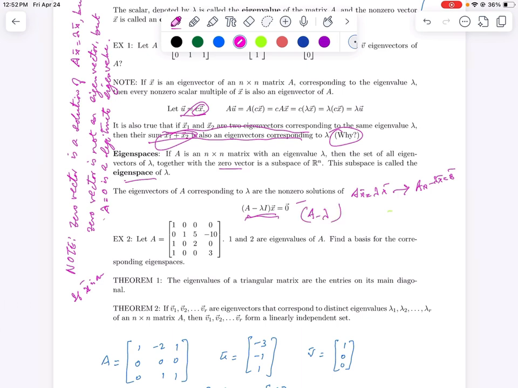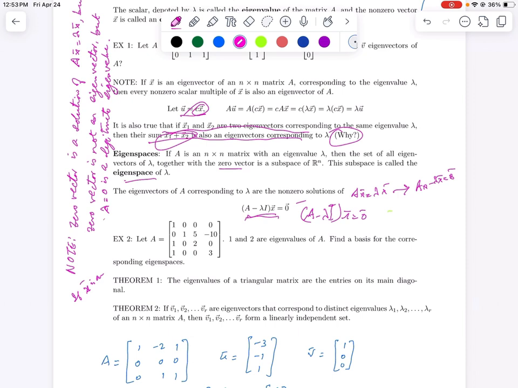But this is not correct, because it says to subtract a number from a matrix. We cannot do that; it is not permissible. In order to create a matrix of the same order as A, we multiply lambda by I, the n by n identity matrix, which is the size of A. So that is the equation we need to solve.